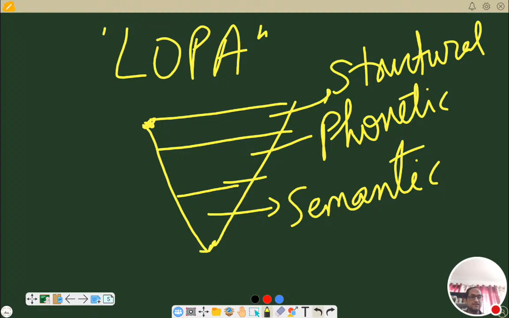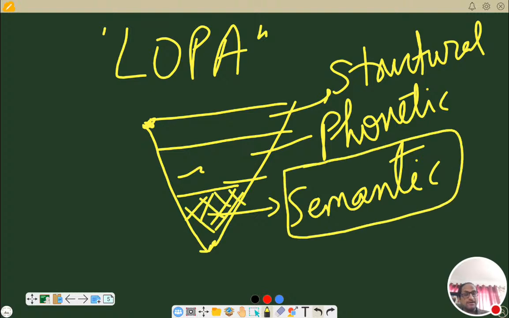How it appears, what is the structure, what does it sound like, the semantic level, what is its meaning. If you understand the meaning, the context of the information, you will retain a large part of the information.